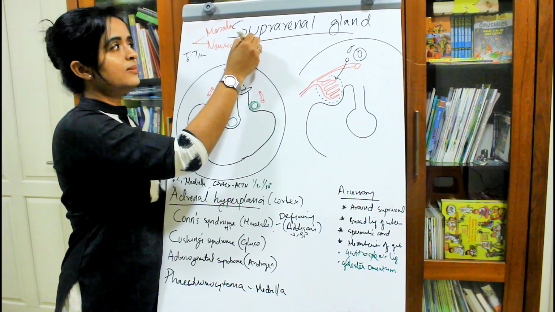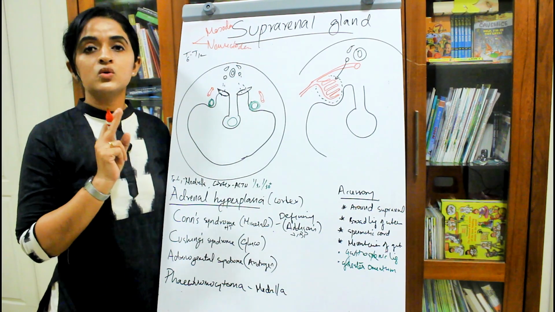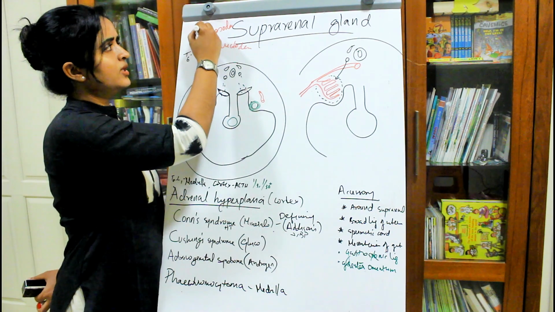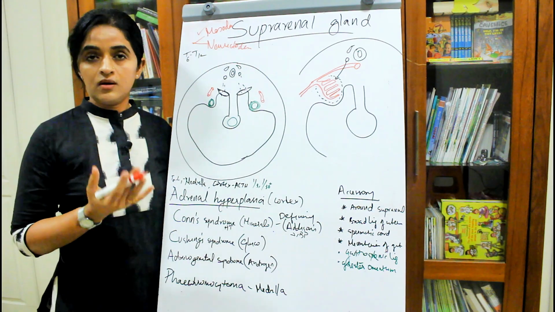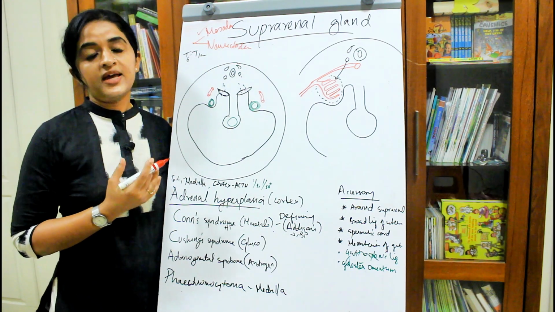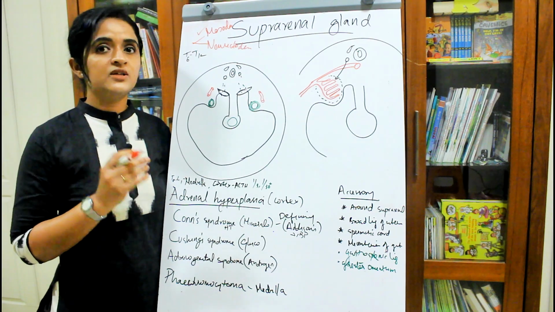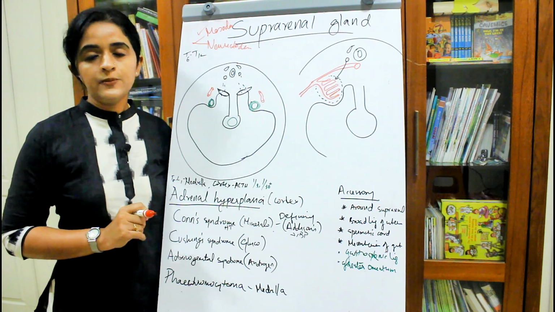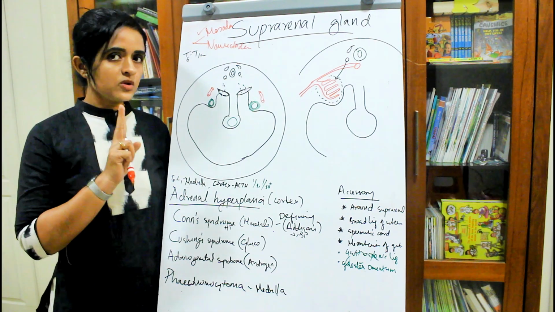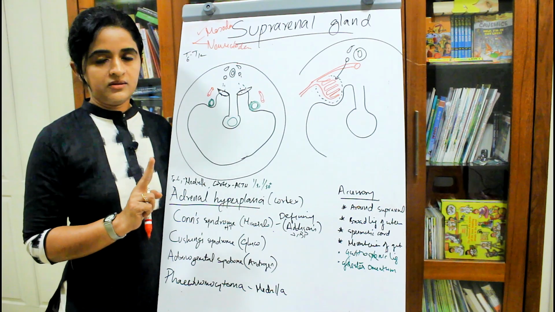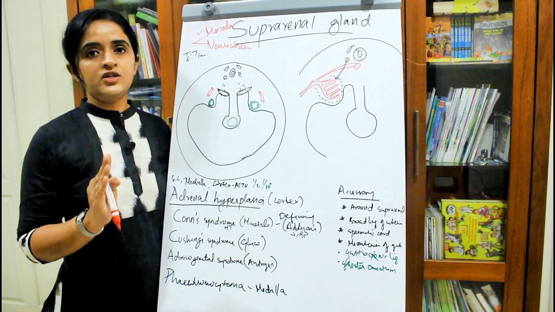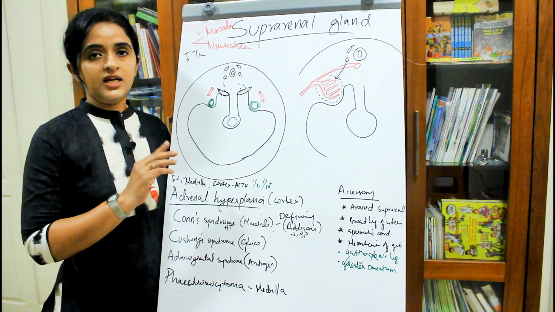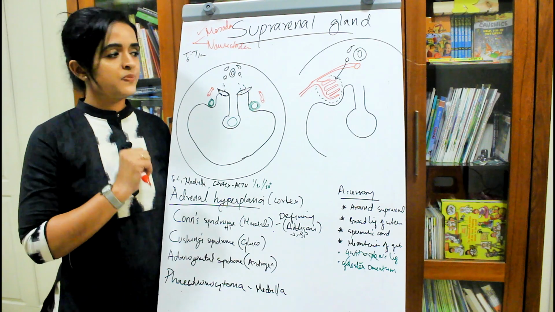These are the two sources from which the suprarenal gland develops. Mesoderm gives rise to the cortex, and the neurectodermal cells, which come from the neural crest cells, give rise to the suprarenal medulla. So these two points you have to first keep in mind: the cortex is derived from the mesoderm and the medulla is derived from the neurectoderm.